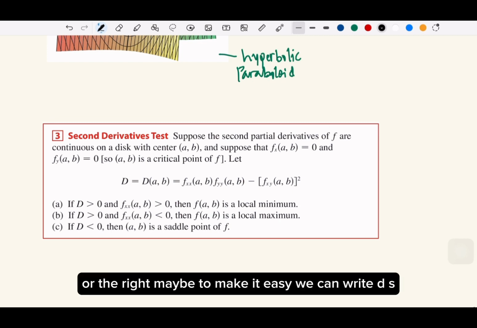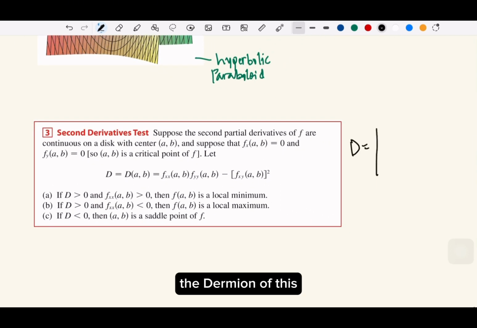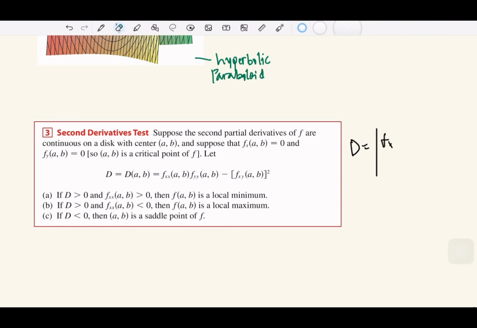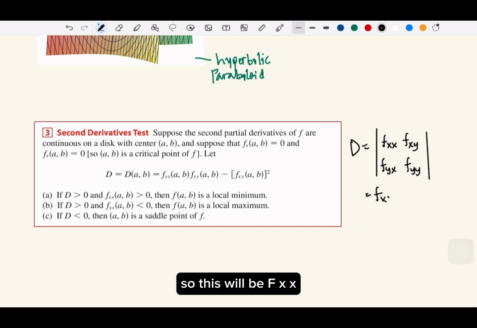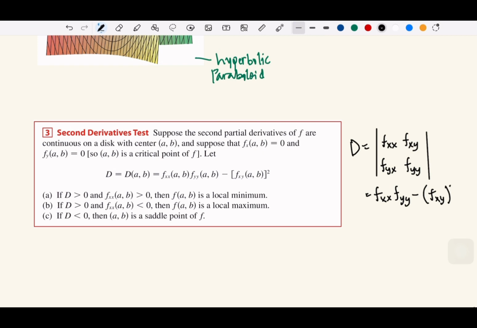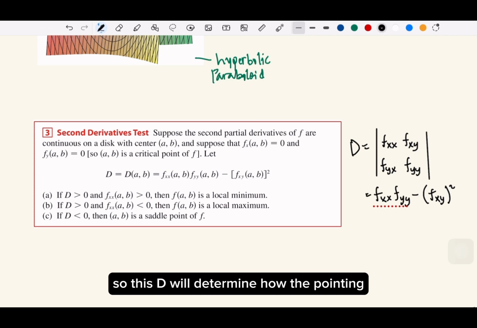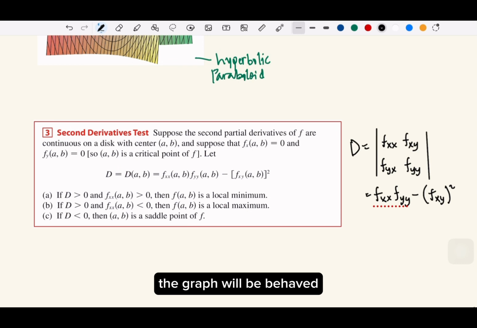Or to make it easy, we can write D as the determinant of this matrix. So that's D.